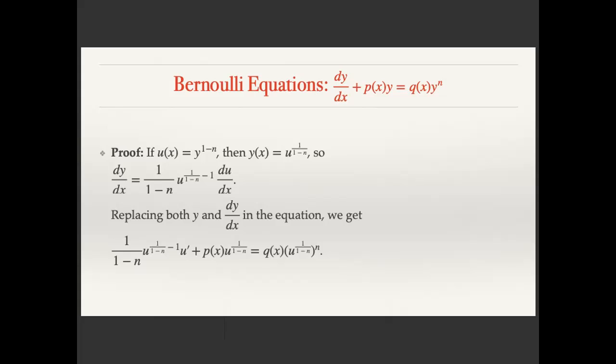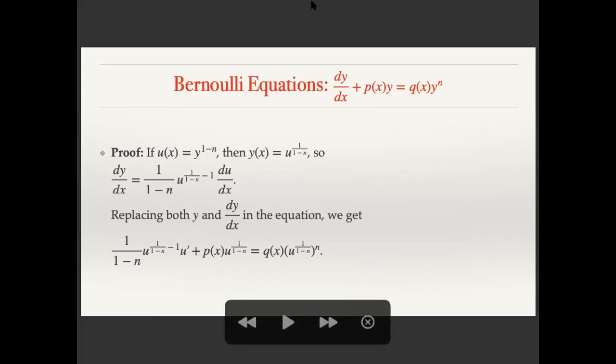I don't need to write the parenthesis x all the time for you to know that this is a function of x, right? And the same applies in general when it's a function of some other variable, like t. So the equation is the one written up here. I just copied it from the previous slide. And so we use this substitution.